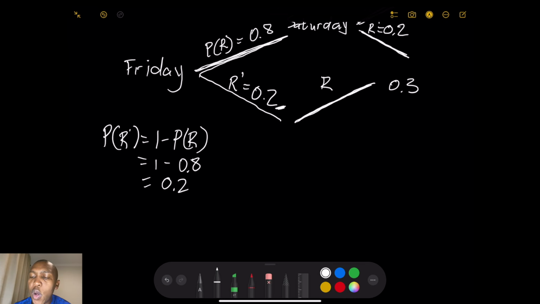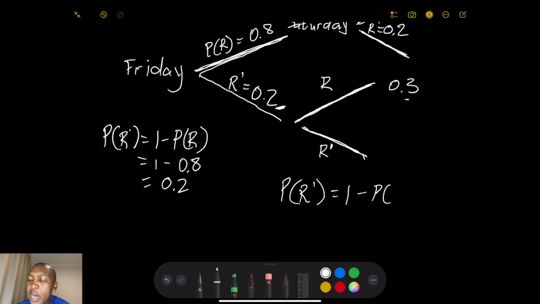And then what would be the probability of it not raining? Now, again, we use the complementary rule in this case. So if the chances of it raining is 0.3, what's the probability that it will not rain? In that case, the probability of it not raining would be 1 minus the probability of rain, that will be 1 minus 0.3.